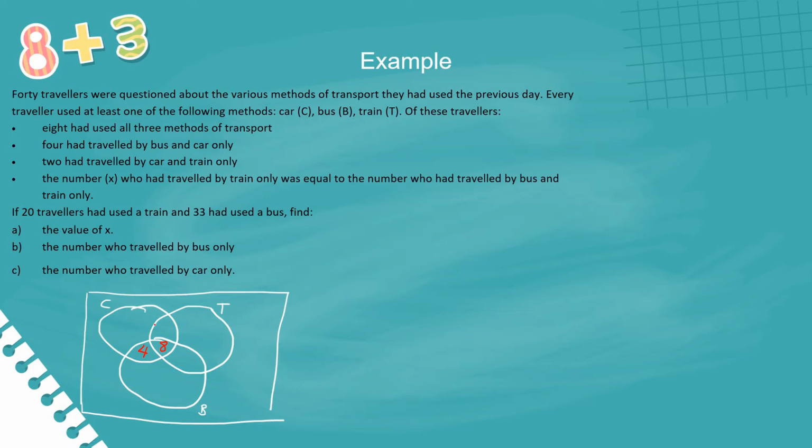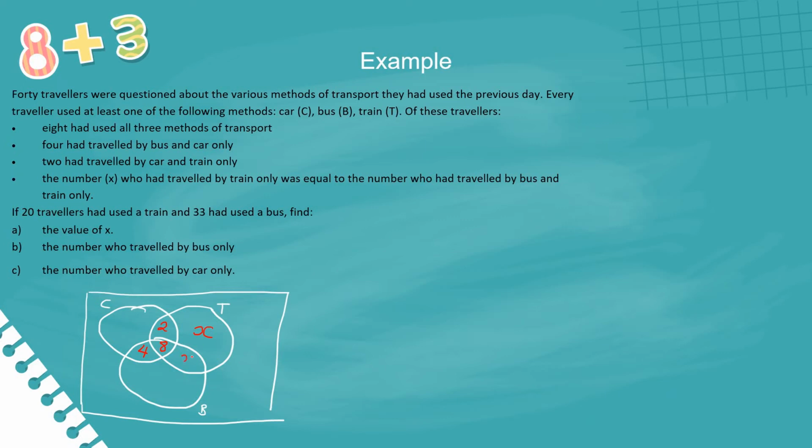2 had travelled by car and train only, so 2 in here. The number X who had travelled by train only was equal to the number who had travelled by bus and train only.